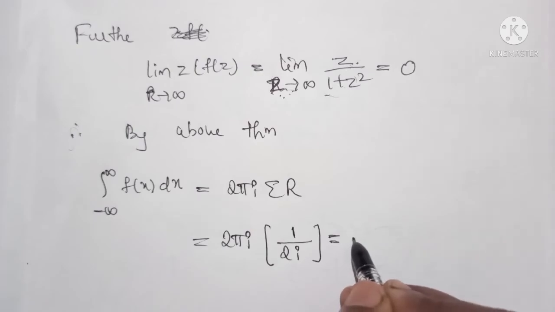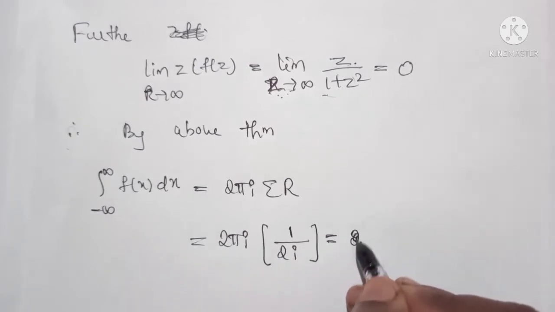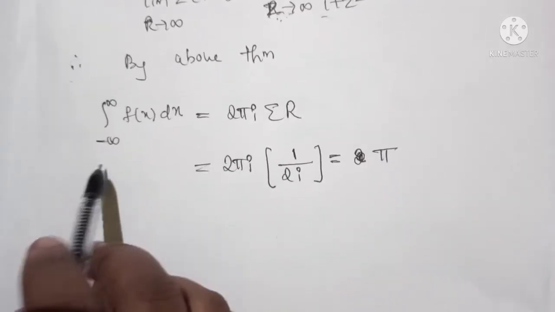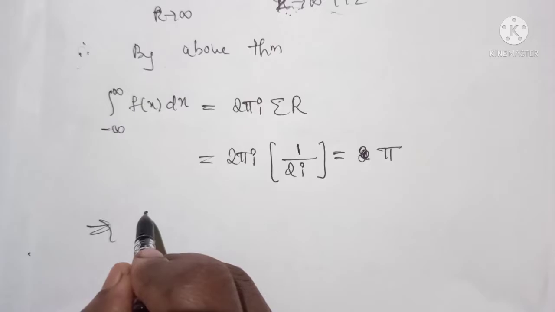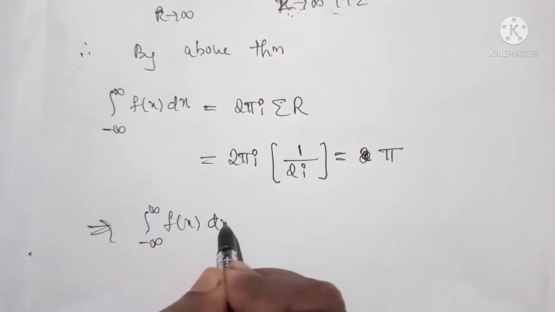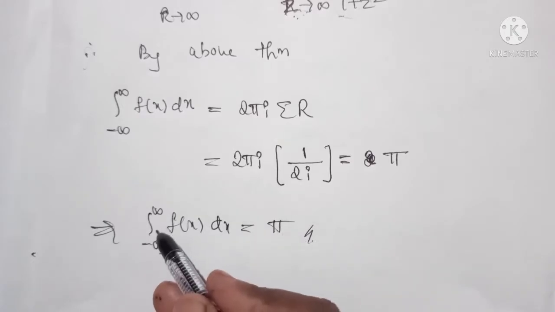The 2i cancels, and we get simply pi. So now we have this value, the integral from minus infinity to infinity of f of x dx equals pi, but we require the 0 to infinity value.